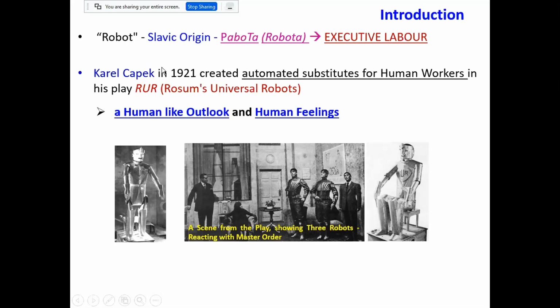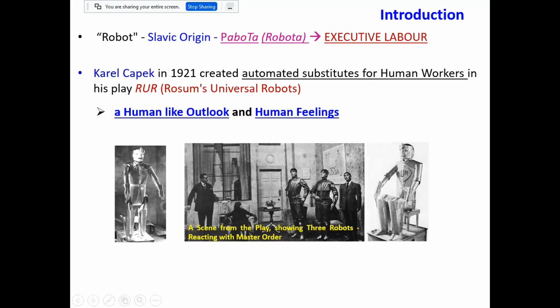The Czechoslovakian dramatist and journalist Karel Čapek, in 1921, created an automated substitute for human workers in his play R.U.R., Rossum's Universal Robots, made up of some organic materials. You see here, these are the R.U.R. robots, three robots.